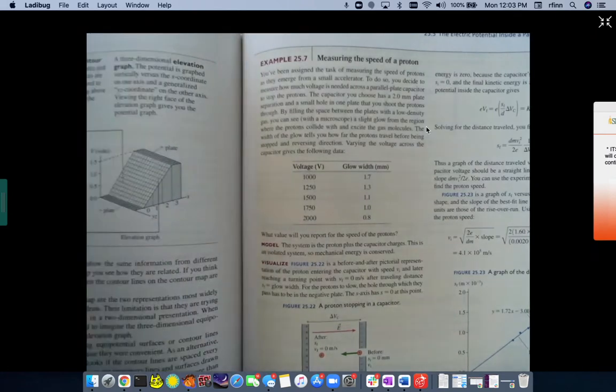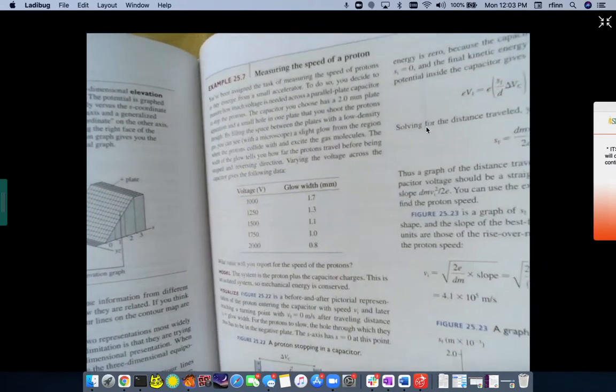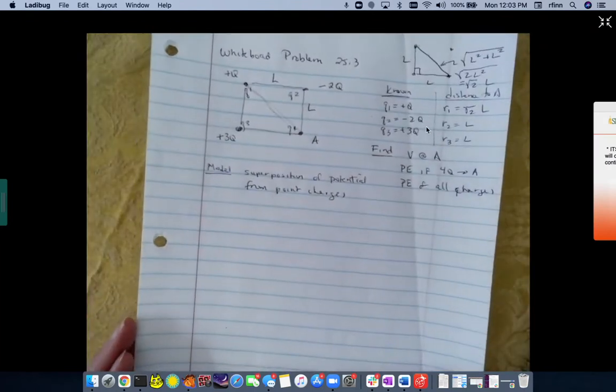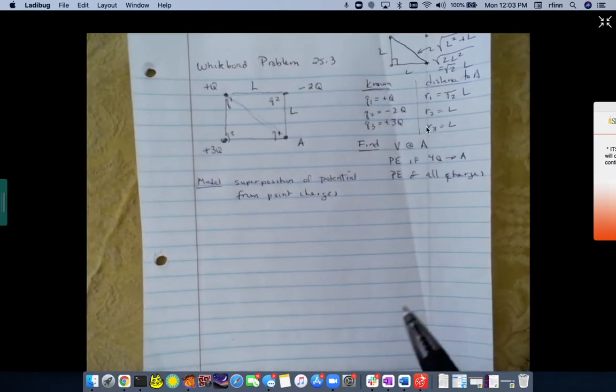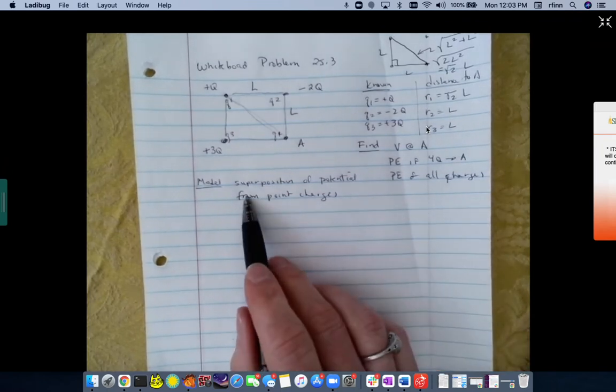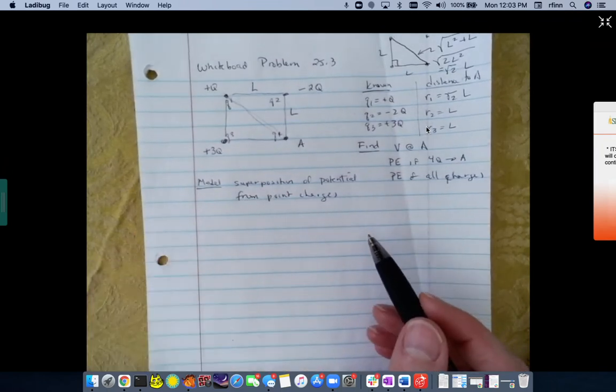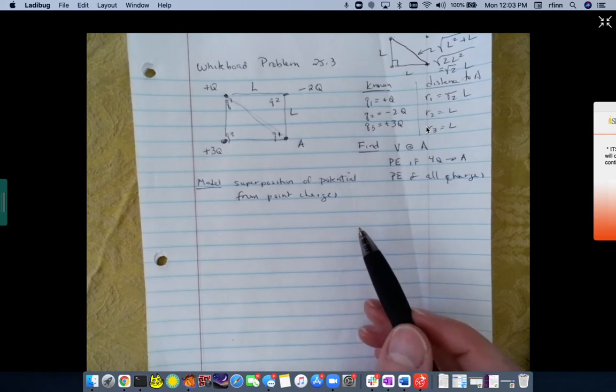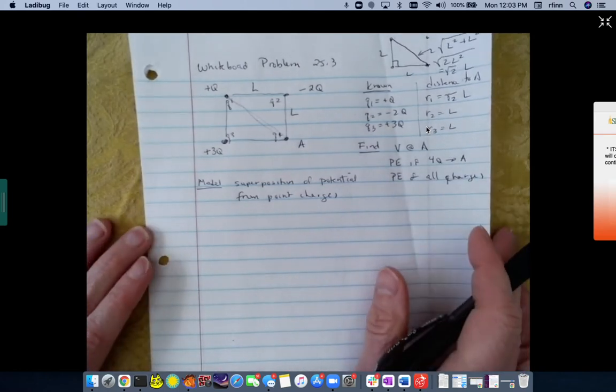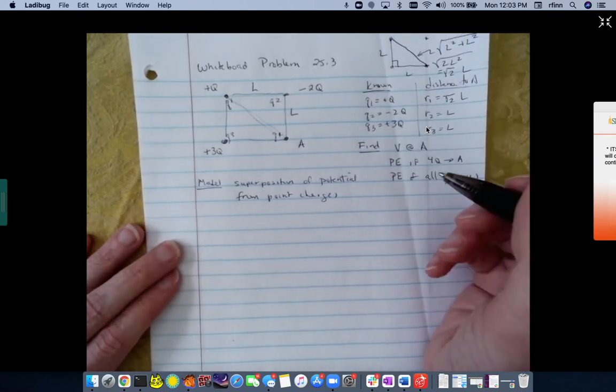So it's really good to take note of these, and it may help you start articulating what the model is that you should be using for each whiteboard problem. And again, how are you thinking about it? What's the model in your head for how you're going to solve this? It's not just pulling an equation because I know this and I need to find this, right? You really want to think about physically what's happening.